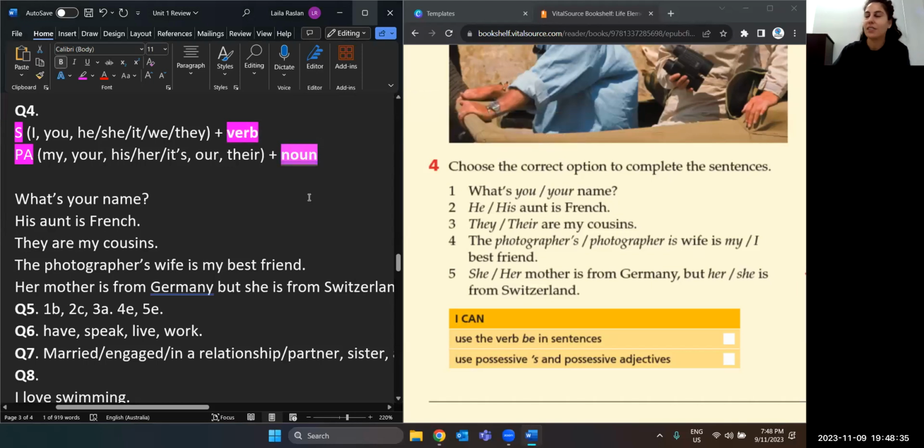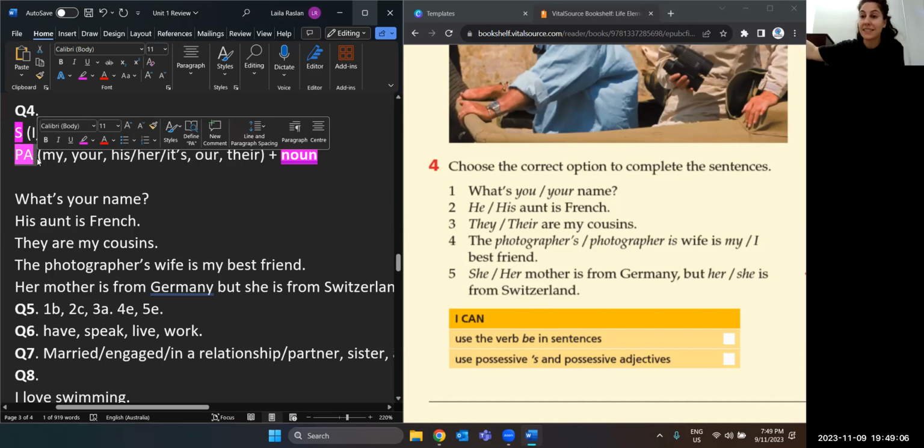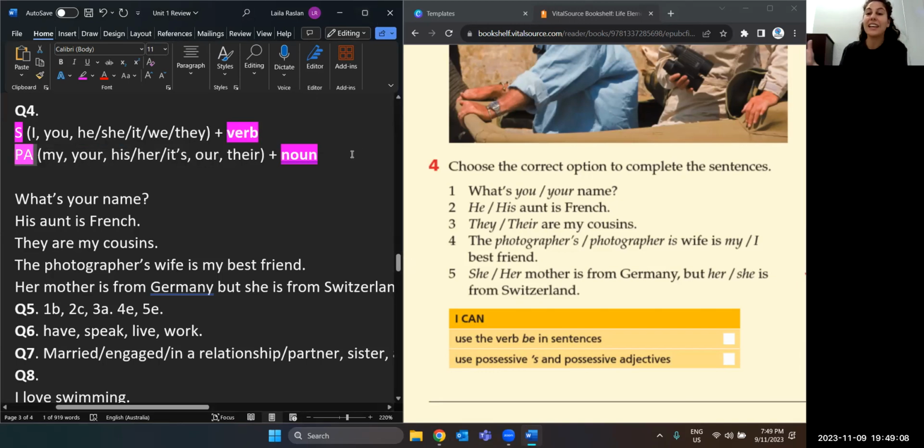But if you have a noun, if you're speaking about an object, not an action, then you have to say my, your, his, her, its, our, or their. That was called possessive adjectives. So that's why it becomes my book, your phone, my pen, their children. That's how we know whether to use a subject or a possessive adjective. It just depends. Is the next word an action or is it a noun? So that was our rules right here.